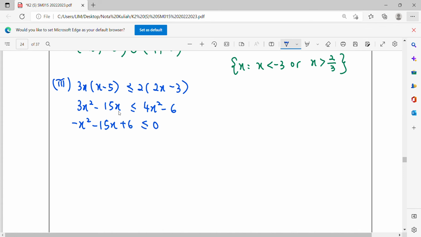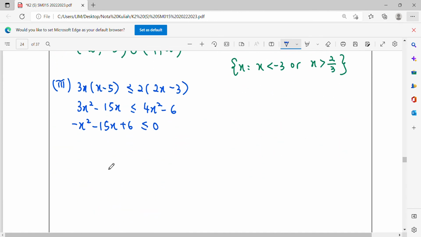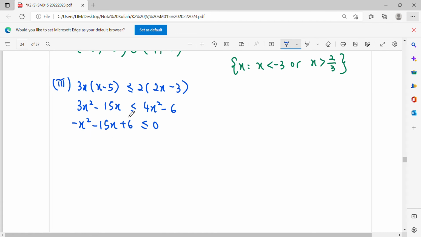So is this quadratic ready for factorize? No. Like the example before, we don't factorize a negative quadratic. Yes, 4x, mistake. So this is 3x squared minus 19x plus 6.